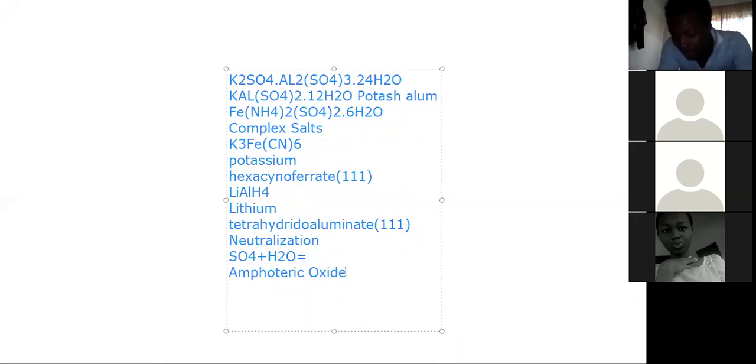And we have the peroxides. These oxides react with dilute acids to form hydrogen peroxide.